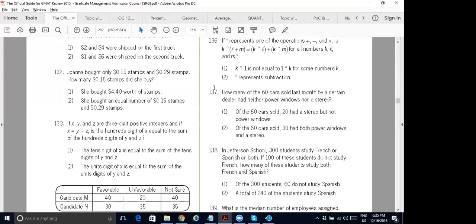Okay. How will you do 133? I mean, I would take numbers and try it, but I think the question is which ones matter?